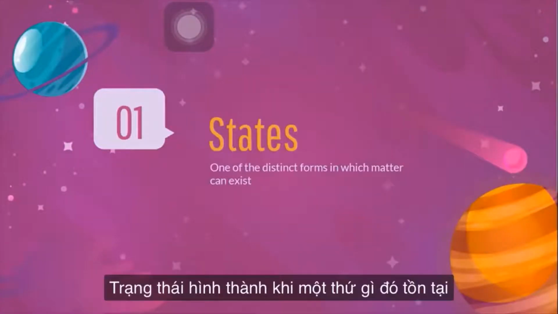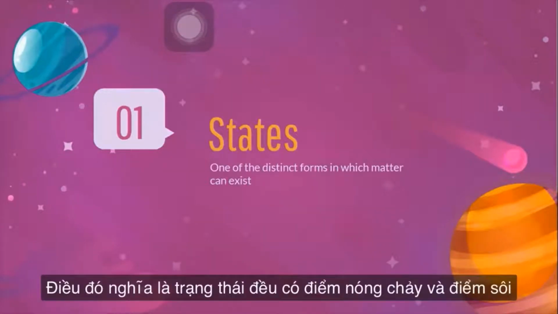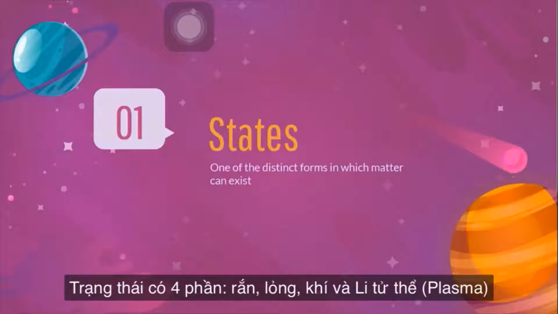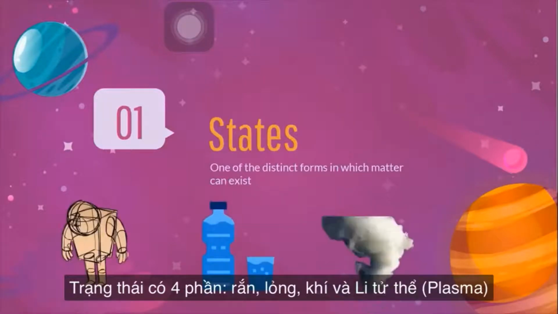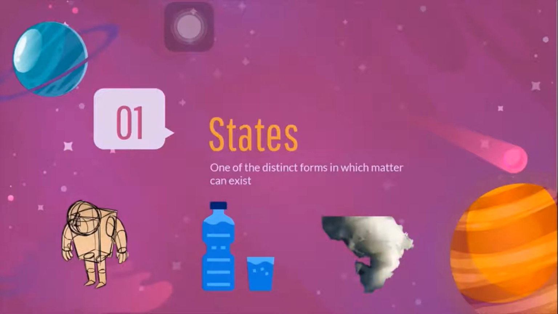State is one of the distinct forms in which matter can exist. That means state can have melting and boiling points. State is divided into 4 parts: solid, liquid, gas, and plasma. But today we are just going to go through solid, liquid, and gas.